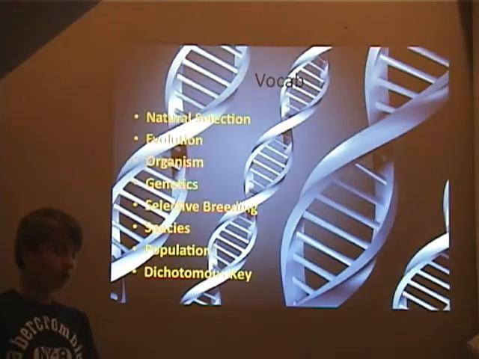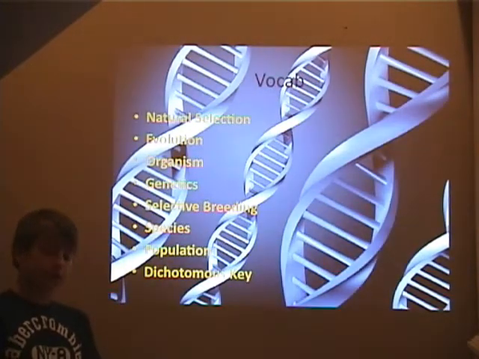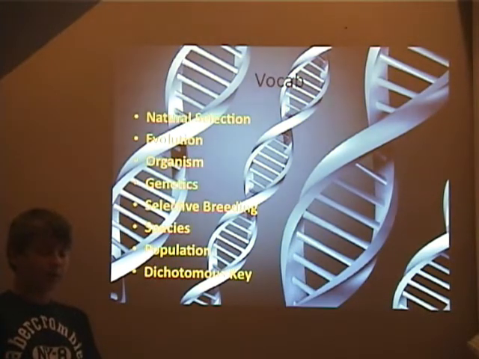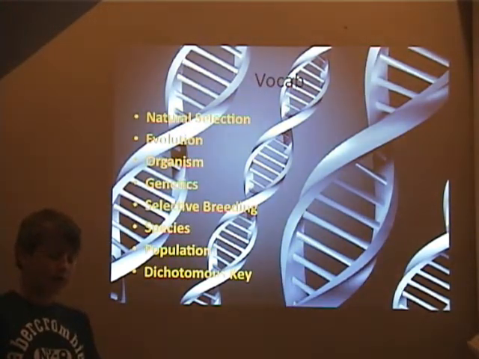Sixth one is species, the major subdivision of a genus or subgenus, regarded as the basic category of biological classification, composed of related individuals that resemble one another. The 7th one is population, the assemblage of a specific type of organism living in a given area.